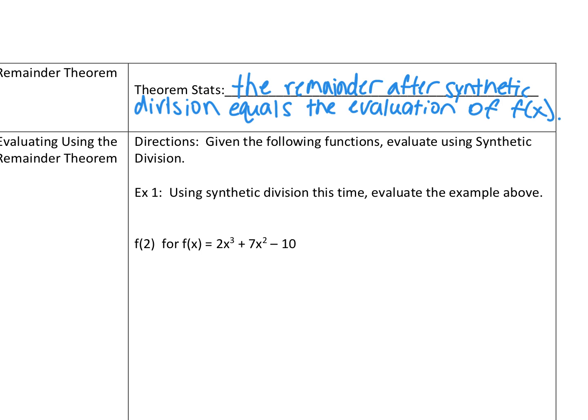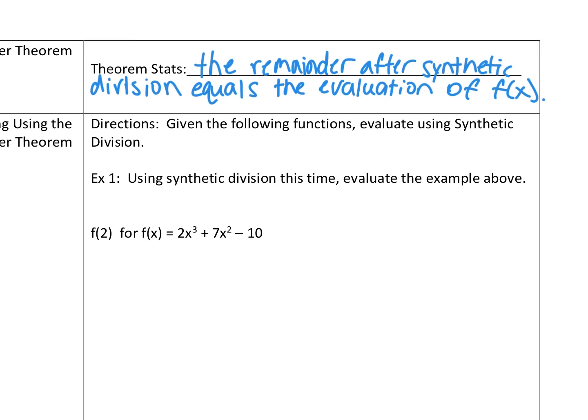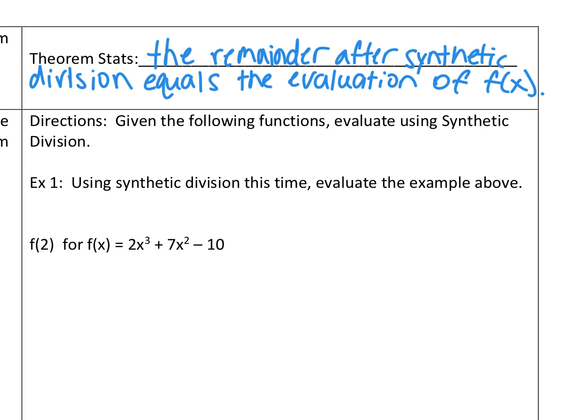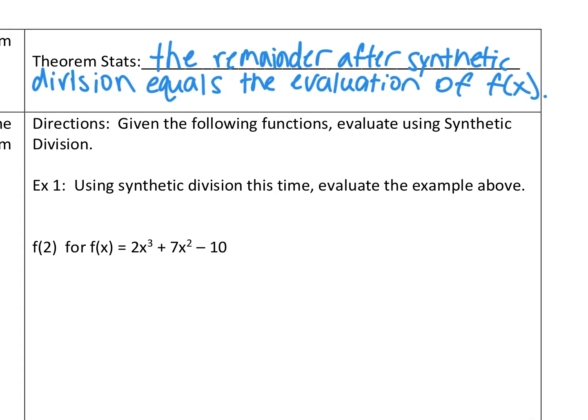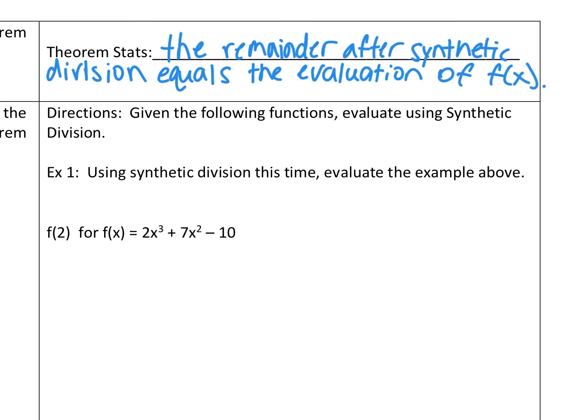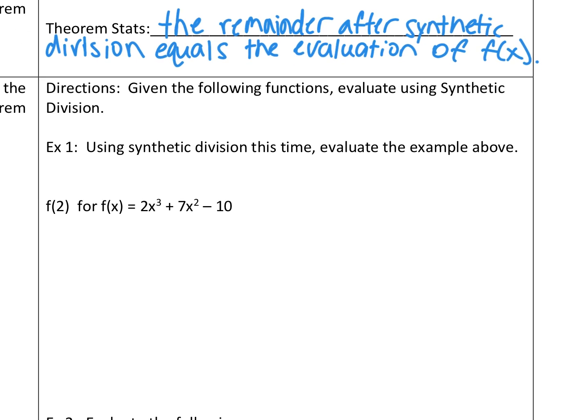Okay, I am going to do synthetic division on this one just because I do think it is easier. How this is going to work: anytime it gives me something like this, it tells me f of 2 for f of x equals that. The way that we typically did this, we actually did in Unit 1. We evaluated numbers.